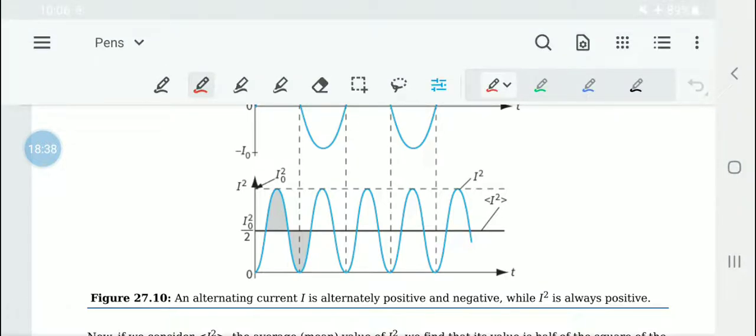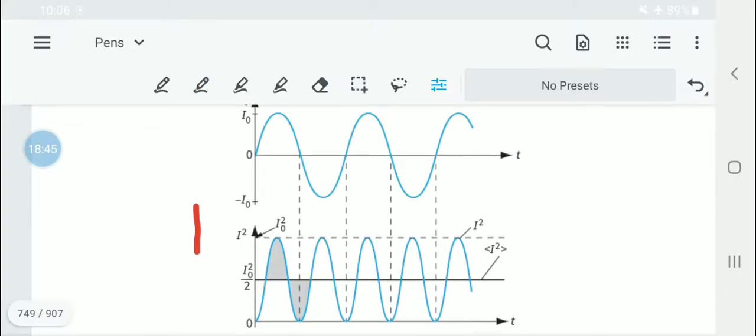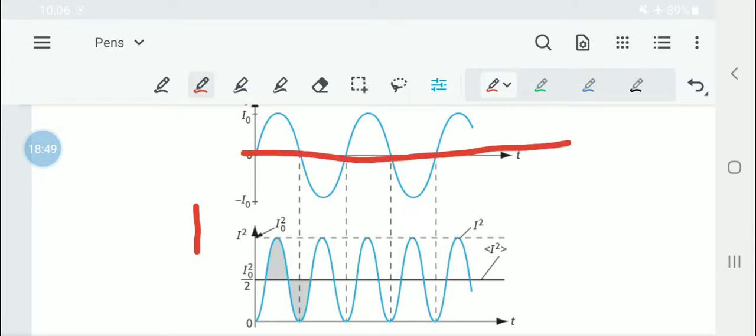Let's try to make sense of this. Now at this point, this is the current against time graph. This is the 0 value. So if you bring this down, the square of that is 0 squared, which is 0.